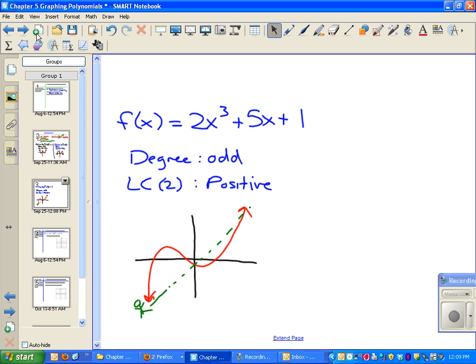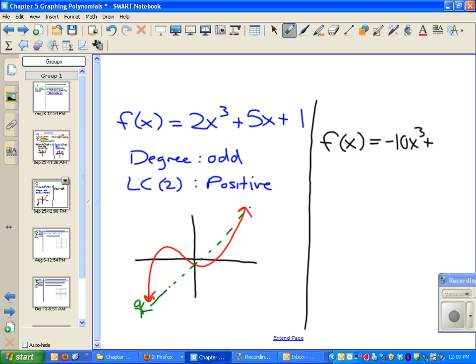Right? The other option, so you only have 4 options. The other option, for example, we have f of x equals negative 10x cubed plus 3. Okay. All right, so our degree again is odd. Our leading coefficient of negative 10 is negative.